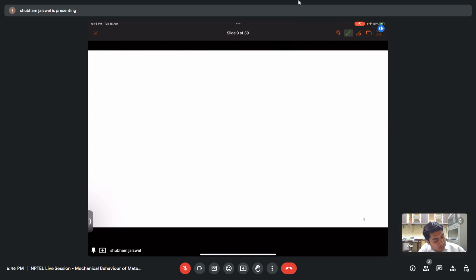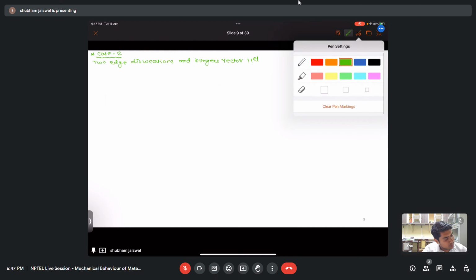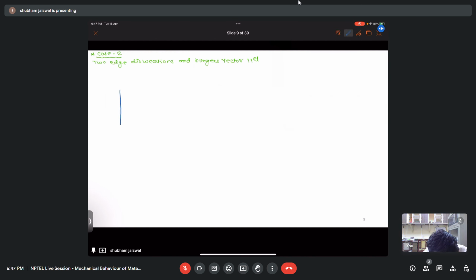The case 2 was two edge dislocations and their Burgers vectors are parallel to each other. Okay. So if I draw, let's say these are the two planes.